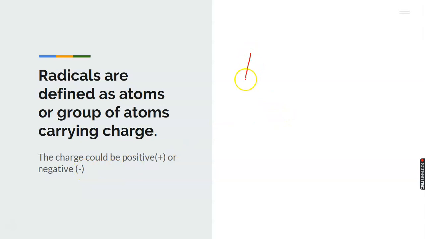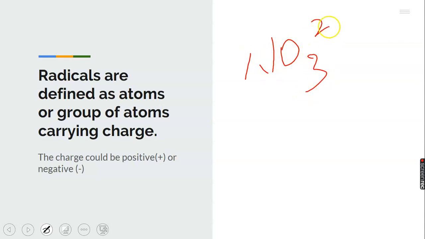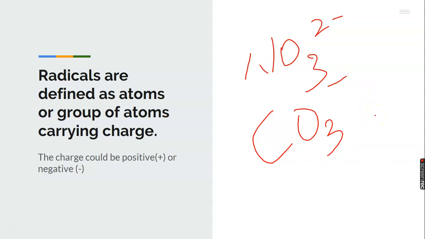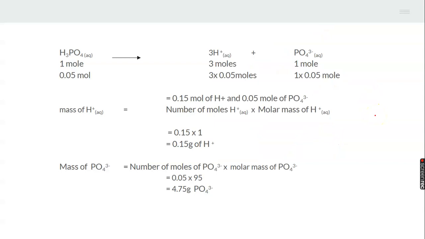E.g., you have what we call NO3 with 2 minus, you can have CO3 with minus, something like that. Those are examples of radicals. So here, to calculate ions, this is the procedure.